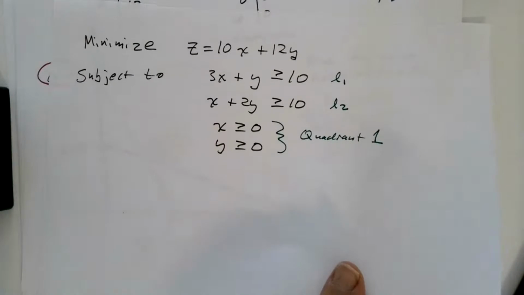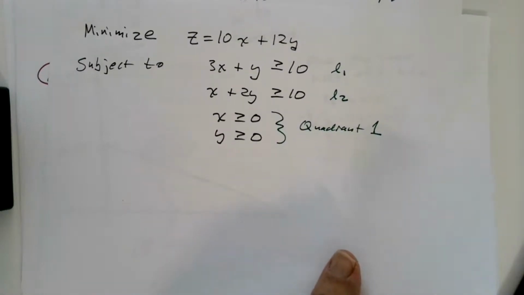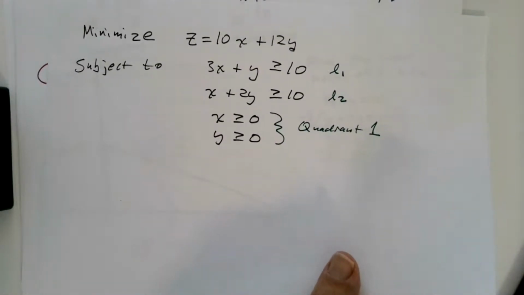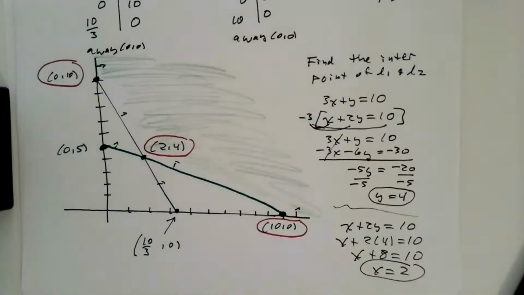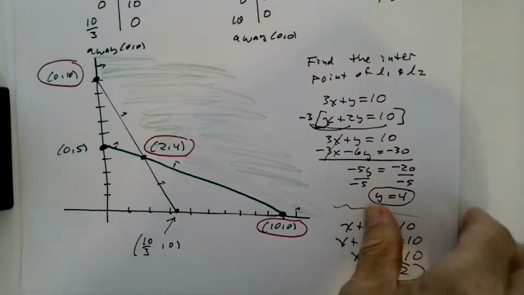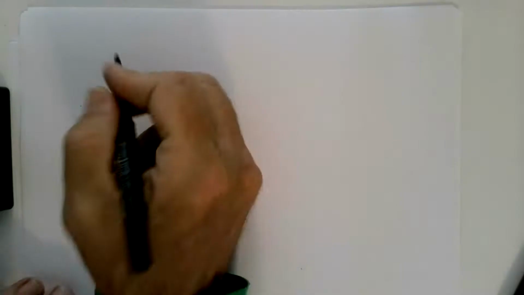We wanted to minimize z equals 10x plus 12y according to all of those constraints, which we managed by looking at the feasible region. So we're going to examine those 3 corner points. So here they are, 0, 10, 2, 4, 10, 0.